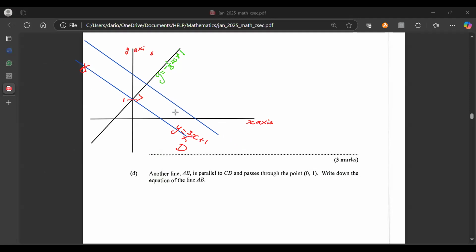Now, question, if the gradient, listen carefully. To find the equation of a line, we need to know two things. What are the two things, Jenny?